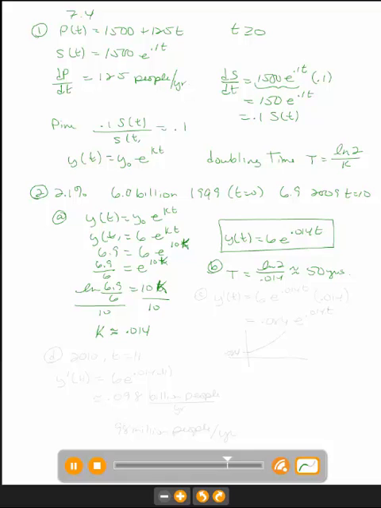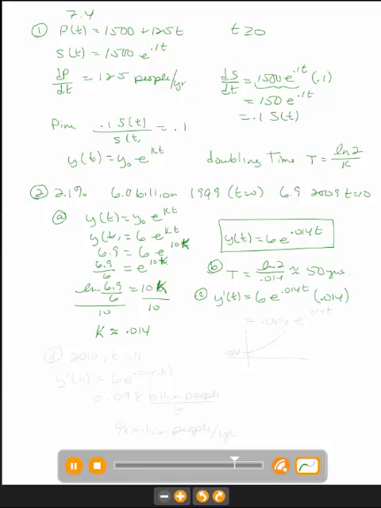Then part C: find the absolute growth rate, y prime, and graph it. Okay, so now I've got to take a derivative. y prime of t is going to be 6e to the 0.014t times the derivative of the exponent.